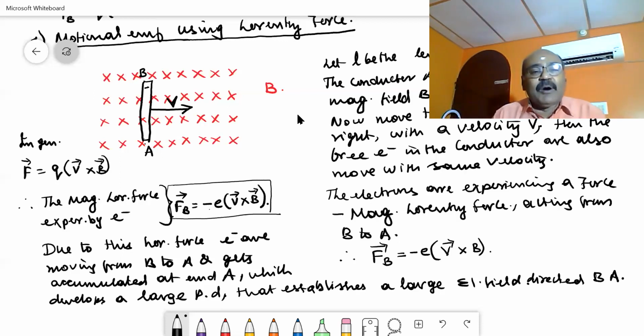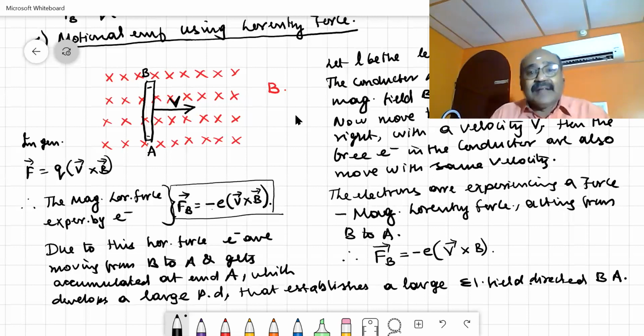When more and more electrons gather at end A, automatically between the two ends of the conductor, A and B, a large voltage or potential difference is developed. That potential difference establishes an electrical field, which will be directed from B to A. Now what happens when the electrical field is developed?